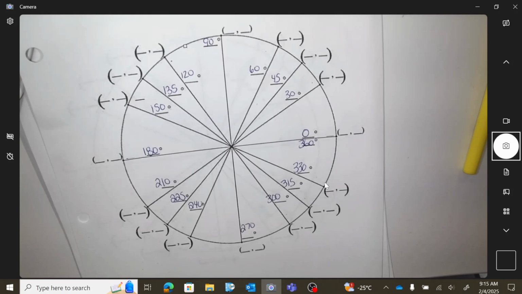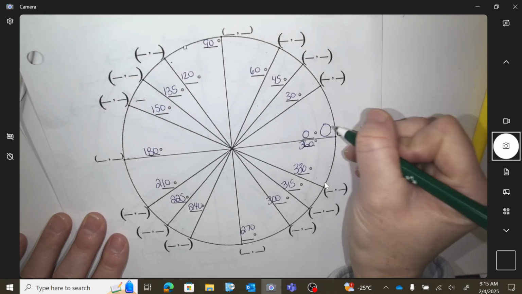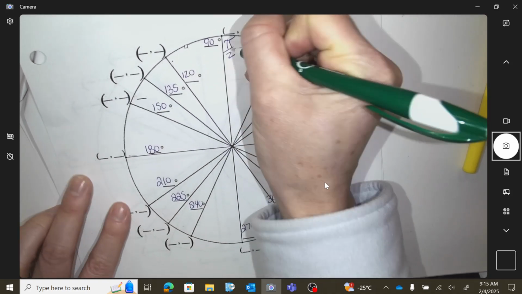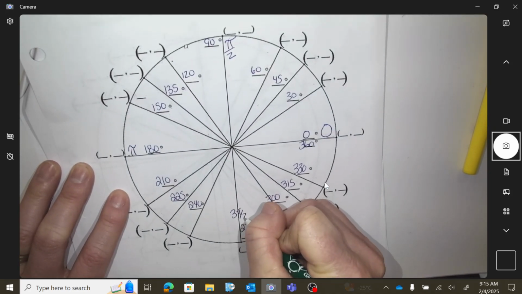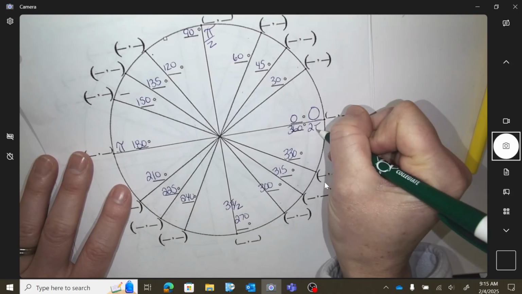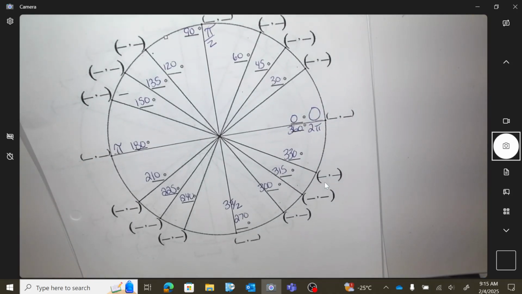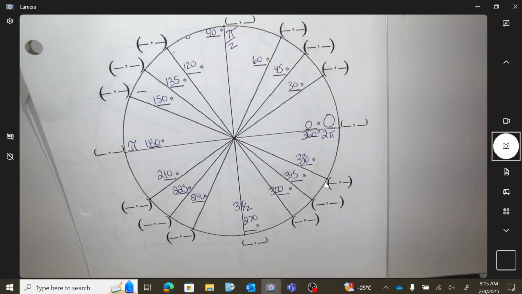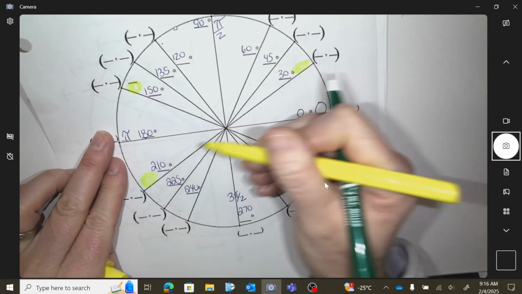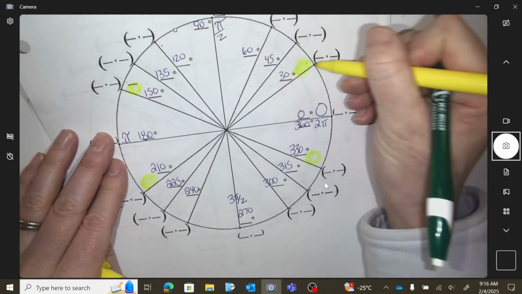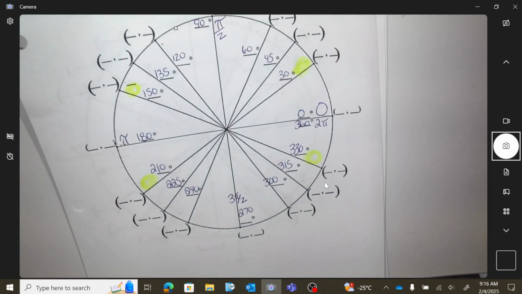Okay, radians need to go on your unit circle. So I'm going to do the 4 sections. 0, pi/2, 1 pi, 3 pi/2, 2 pi. Okay, so now I've put all my 30 degree spots, they're all yellow.